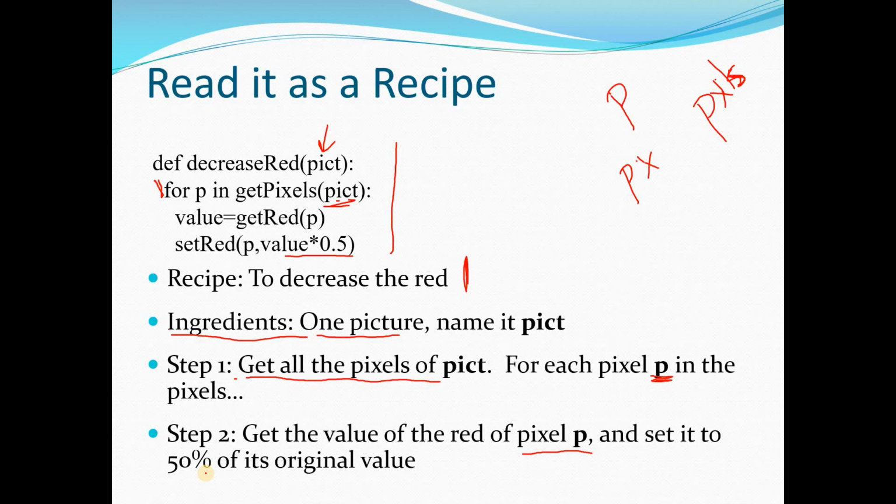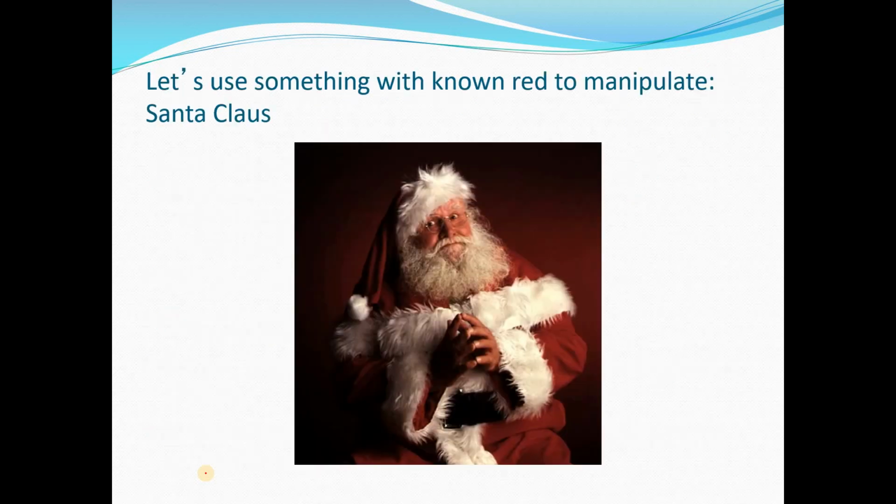This is how it works. Some pictures that have more red color, you will feel this change a lot. For example, this is the picture of Santa Claus. The person and the background both are red colors. So when you reduce the red color, you will feel as if it becomes black. This background will become black. Clear?